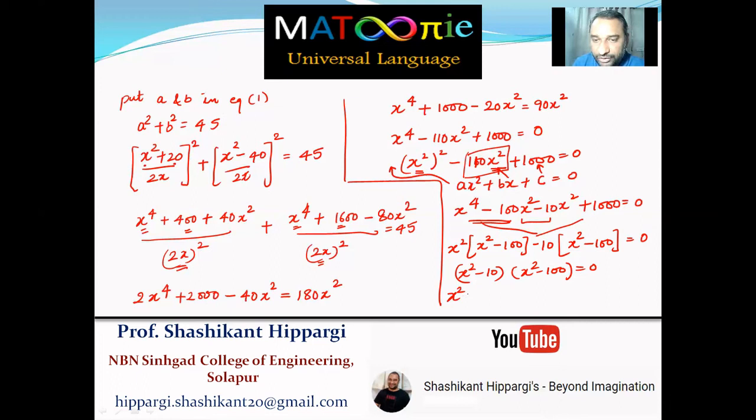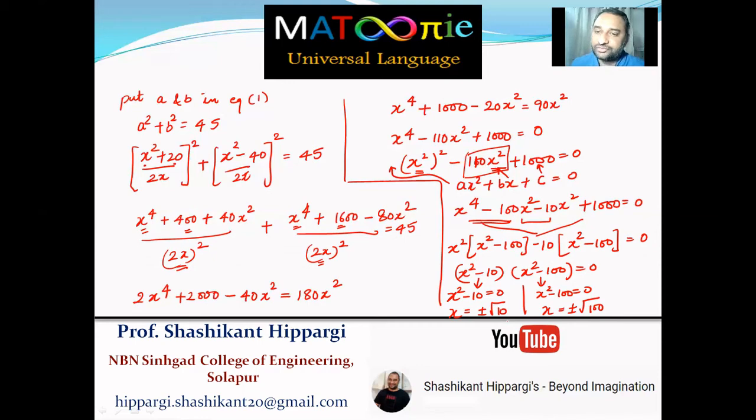From x square minus 10 equal to 0, x must be equal to plus or minus root 10. And from x square minus 100 equal to 0, x is equal to plus or minus root of 100.